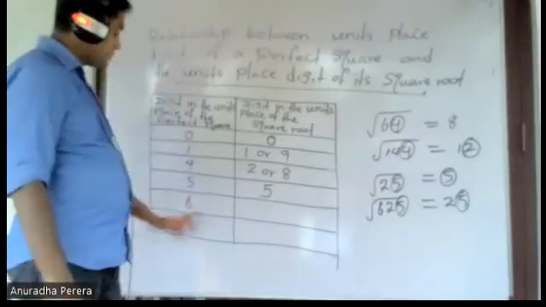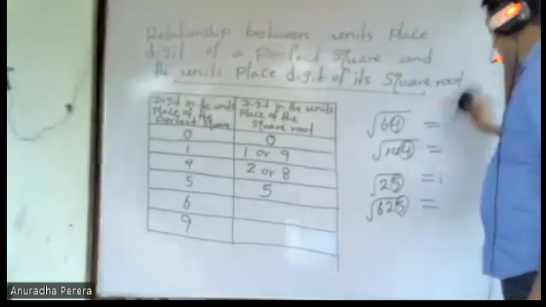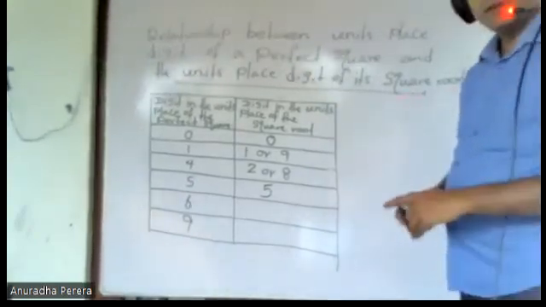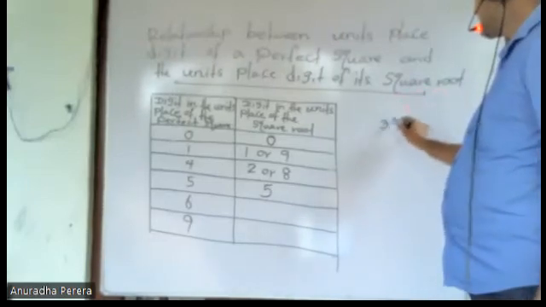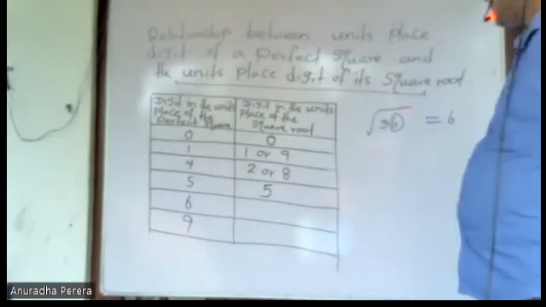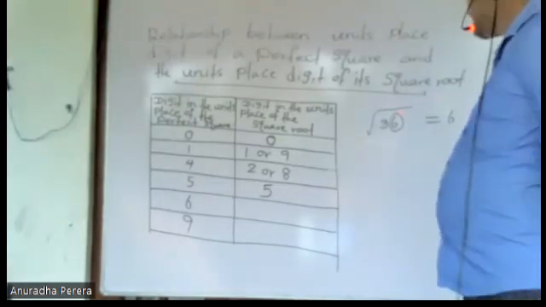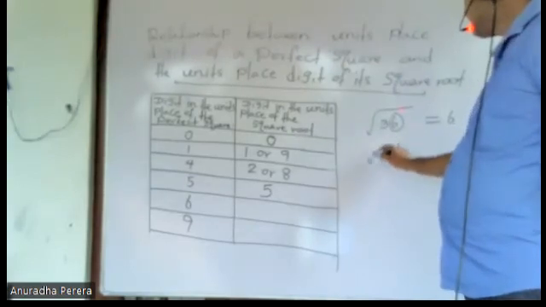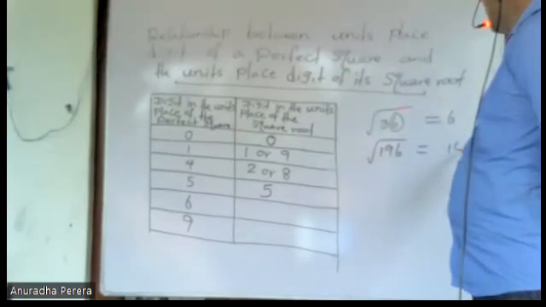Right? Now 6. Look at 6. What happens when it is 6? As an example, 36, the unit place is 6. The square root is 6. Then 196, the answer is 14.